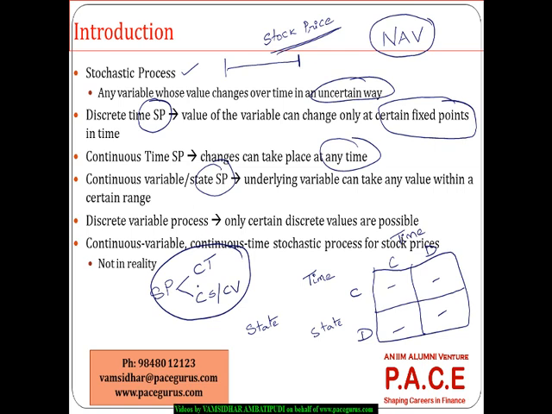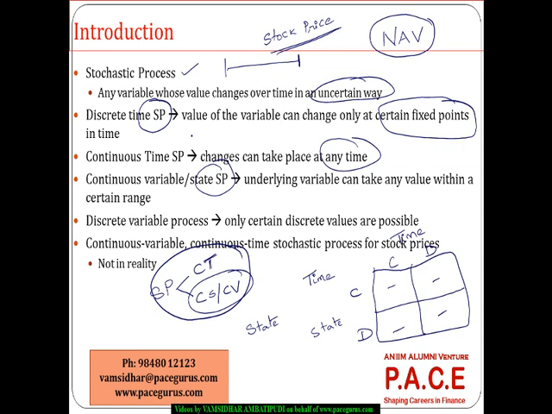But of course, we know the reality. The changes happen only during market hours; after market hours, the prices don't change. And value-wise, the changes could be in terms of cents, but it can't be a microcent or $0.0001.